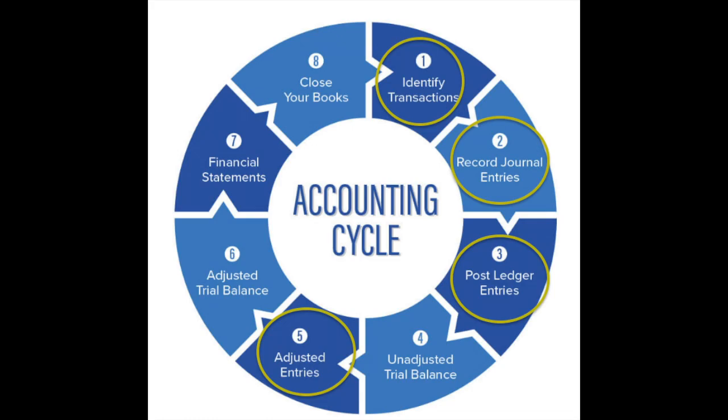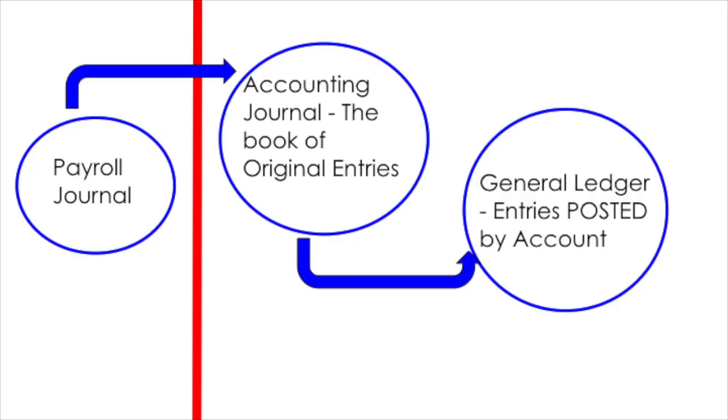Let's see how the information flows from payroll to accounting. Once the payroll is finalized and the payroll register is generated, this information on the payroll register is used and the journal entry is made to book the totals of the payroll period in the journal, which is the book of original entries, and then it is posted to separate accounts in the general ledger.